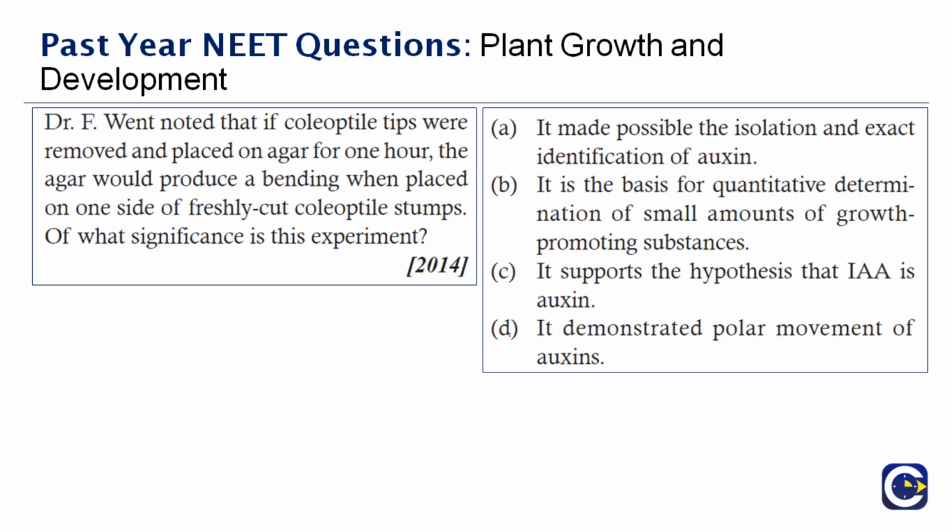Before that, you have to understand the concept of what Dr. Went said. There are various bioassays to determine the concentration of the auxin hormone. Auxin, if you know, is a growth factor, right?